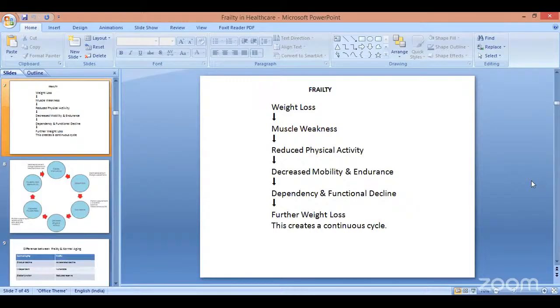So this is the flow chart where we can say that frailty can lead to weight loss, muscle weakness, reduced physical activity, decreased mobility and endurance, dependency, and functional decline. And that all leads to further weight loss. And this creates a continuous cycle.